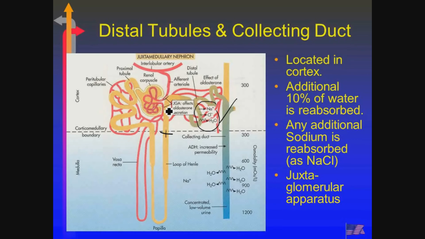So it's kind of designed to, first of all, pick up whatever water needs to be reabsorbed, whatever it can, but also that passing by those arterioles affects water balance, as we'll see, with aldosterone and ADH.